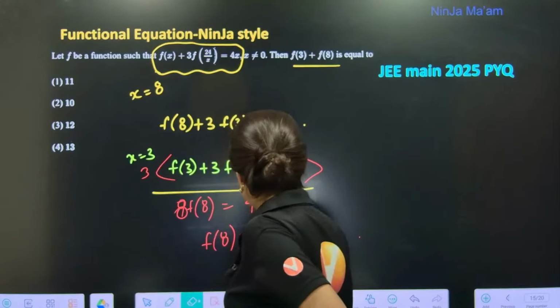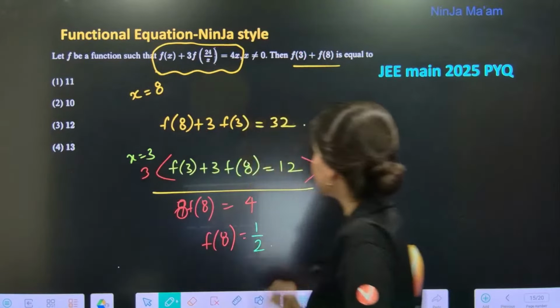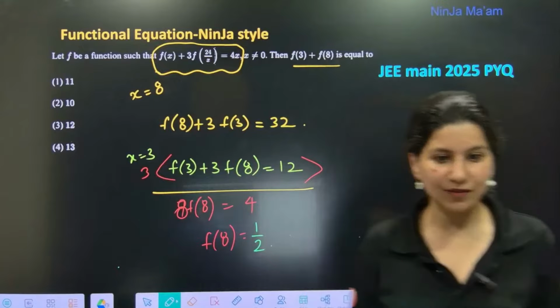So f of 8 is 1 by 2. So if f of 8 is 1 by 2, then you can calculate f of 3 as well.